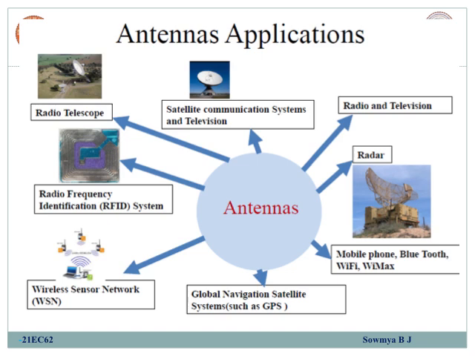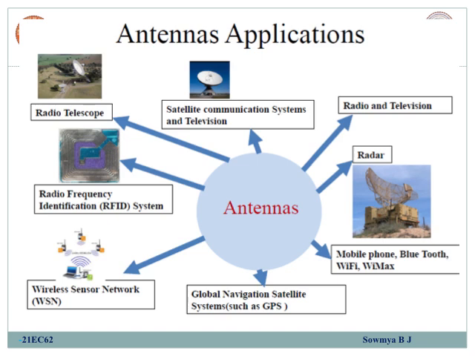Coming to the antenna applications, they are used in radio telescopes, in satellite communication systems and television, for radio and television, for radar, in mobile phone, Bluetooth, Wi-Fi and WiMAX, in global navigation satellite systems such as GPS, in wireless sensor networks, and in radio frequency identification systems, that is RFID.